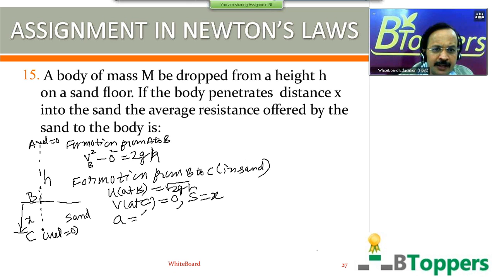To find the force, you have to calculate the acceleration. So we use the equation in kinematics in terms of these 4 letters u, v, a, s. We can use the equation v squared minus u squared equals 2as for motion inside the sand.